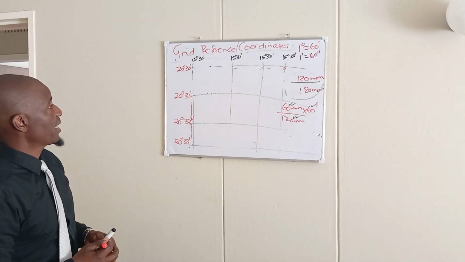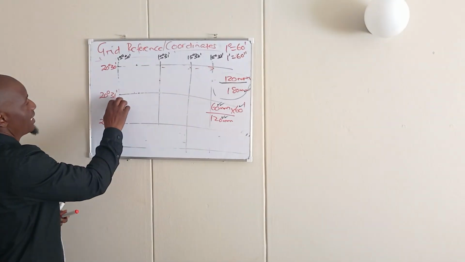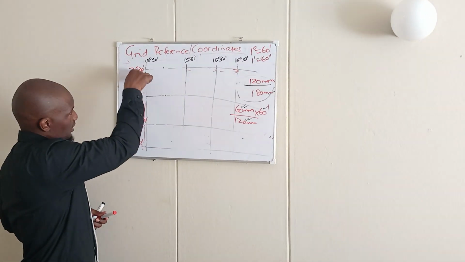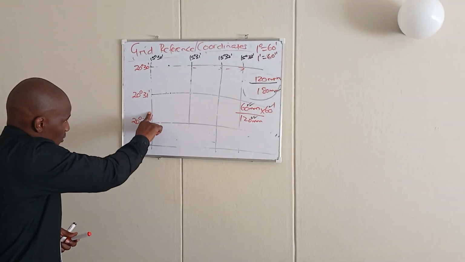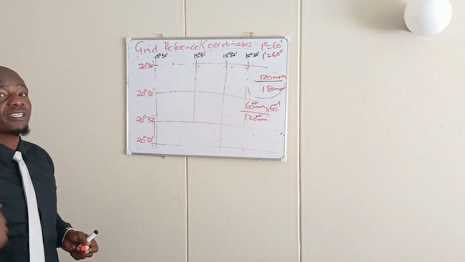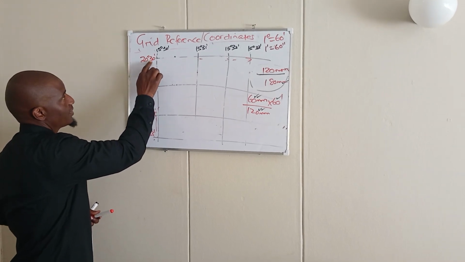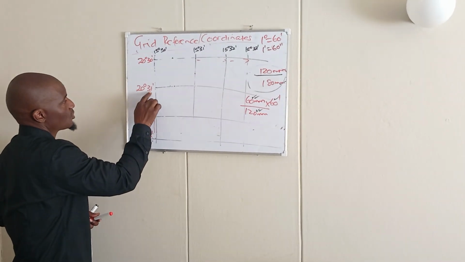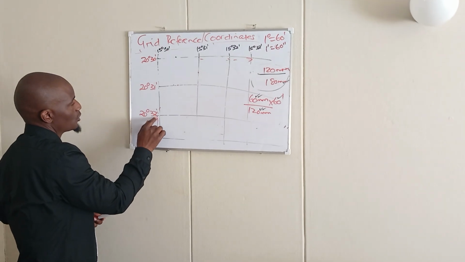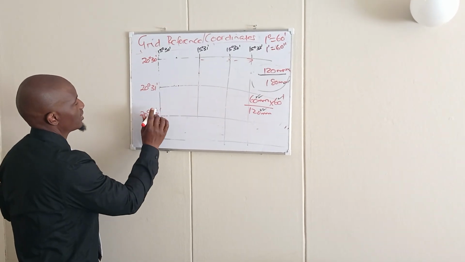The only thing making this different is the minutes. You can see the latitude is increasing towards the south, but it's increasing in terms of minutes. It's still the same degree, but different minutes.